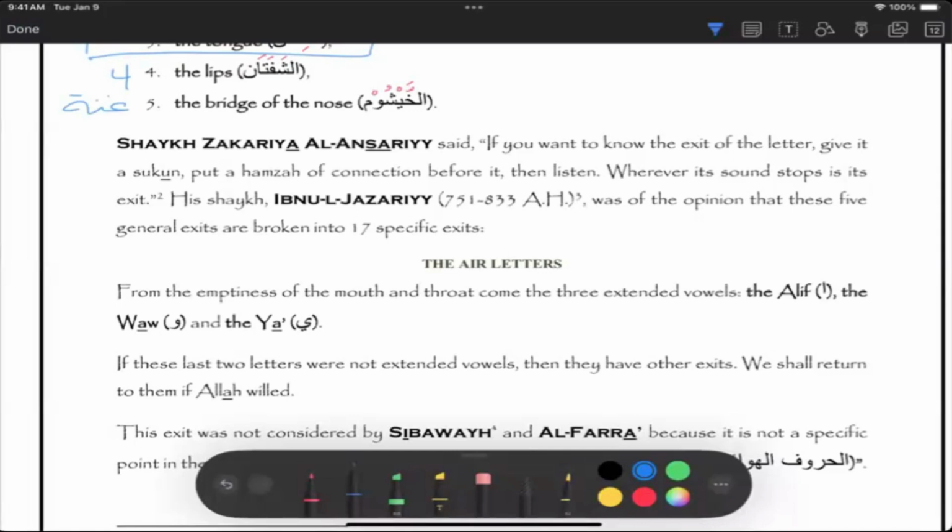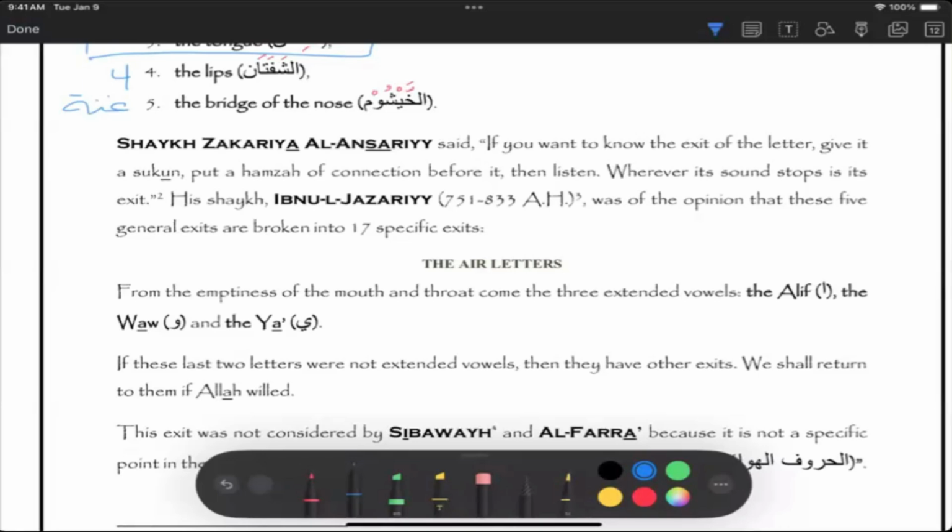Ah comes from the throat, top of the throat. M comes from the lips. L comes from the tongue. N comes from the tongue. Ek comes also from the tongue, back of the tongue.